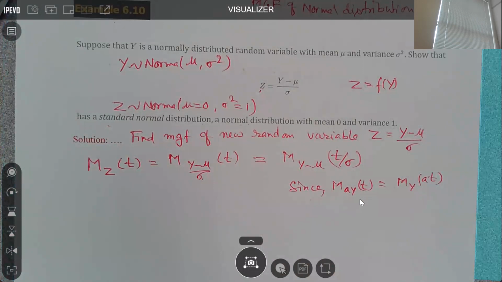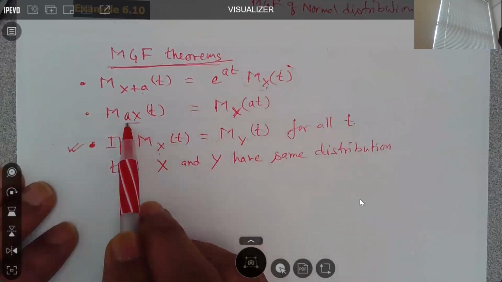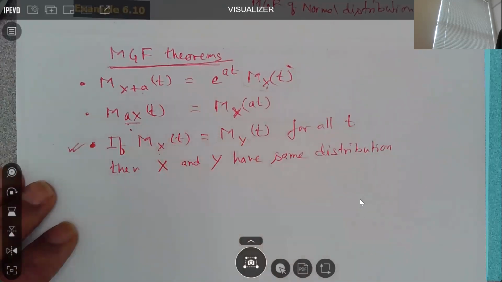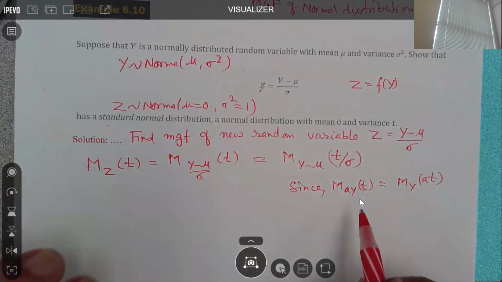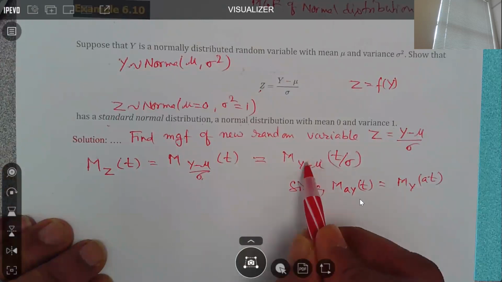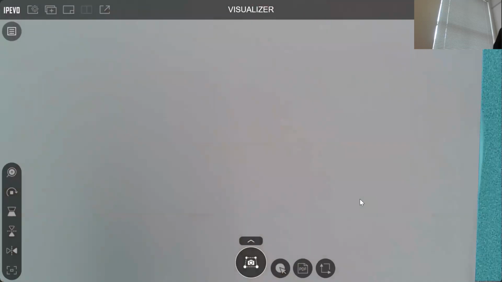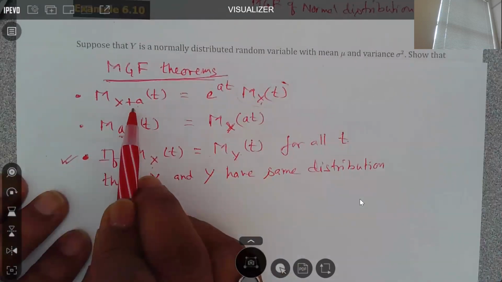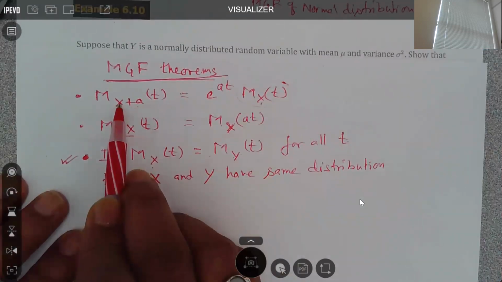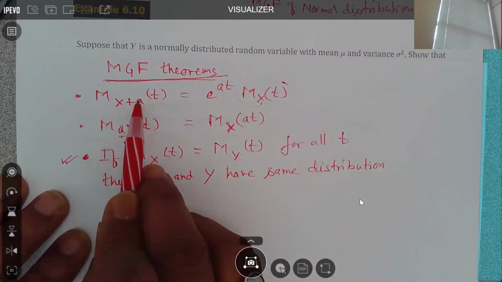Yes. This theorem here, this one. Now we have Y and some change of origin. Now apply this theorem here. You see this change of the origin here, Y plus some change of the origin. You add or subtract some number.